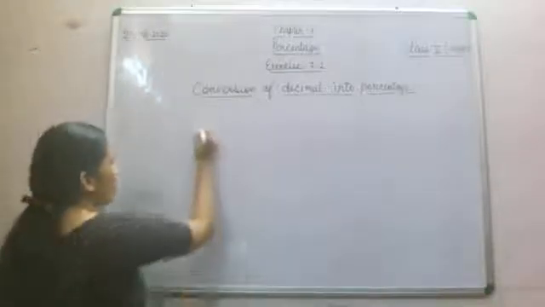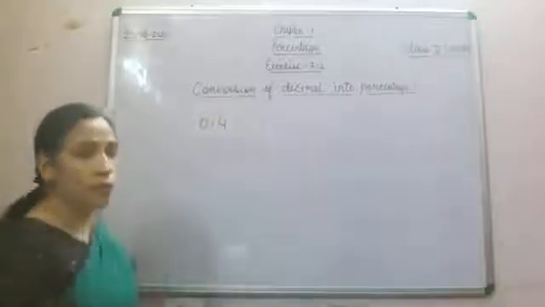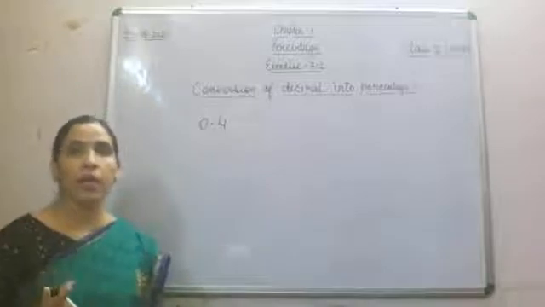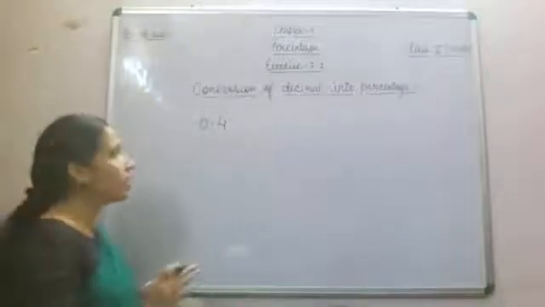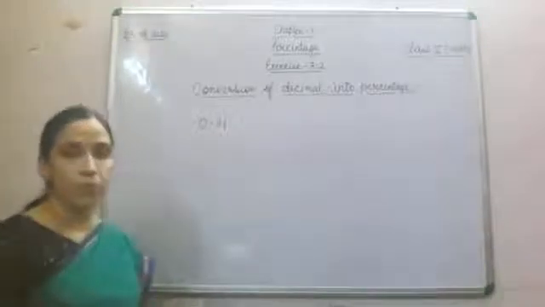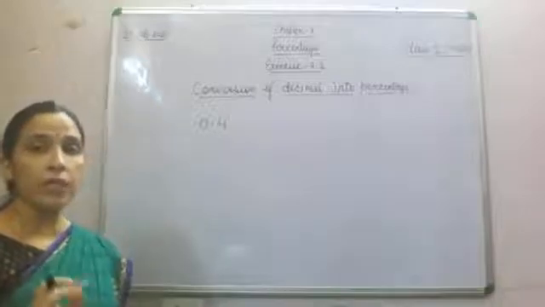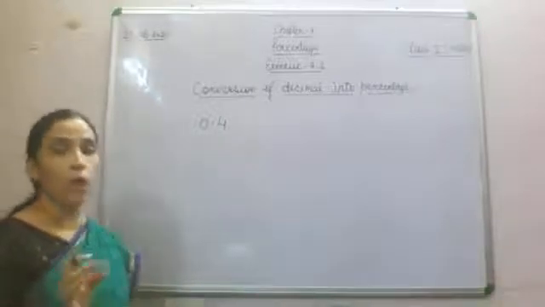For example, I'll take the decimal number 0.4. Generally I am taking one example first, and then we'll come to exercise 7.2 afterward. Now I have taken one example, that is 0.4. If I say write down this decimal in the form of a fraction, how do you write it?